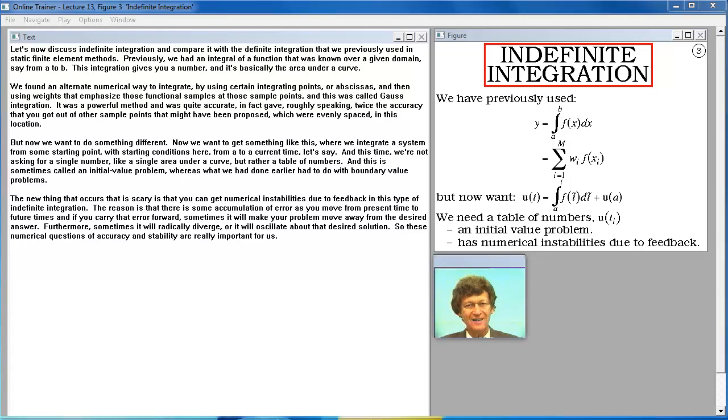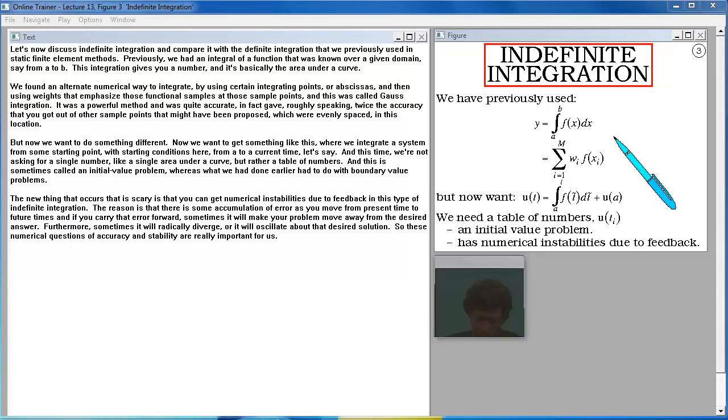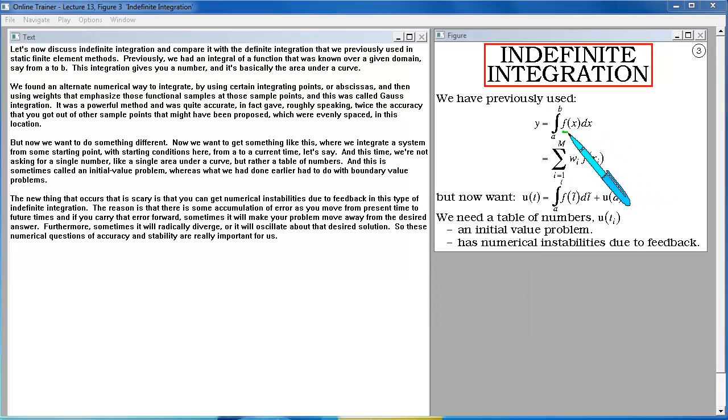Let's now discuss indefinite integration and compare it with the definite integration that we previously used in static finite element methods. Previously, we had an integral of a function that was known over a given domain, say from A to B. This integration gives you a number, and it's basically the area under a curve.